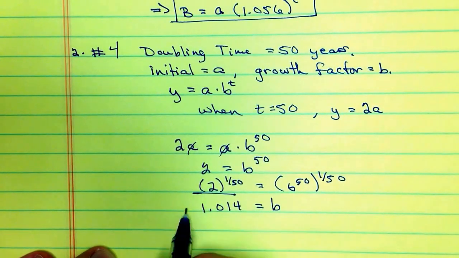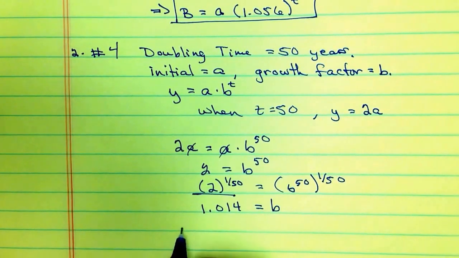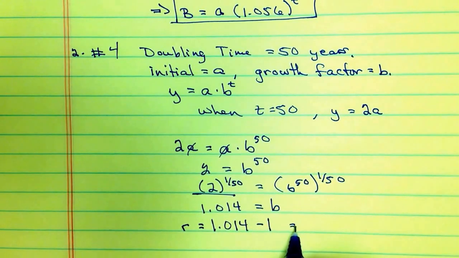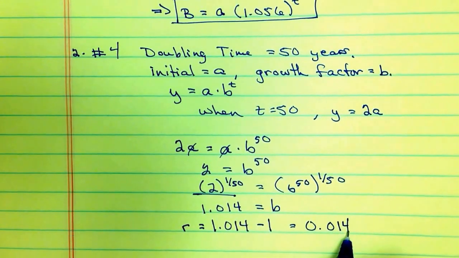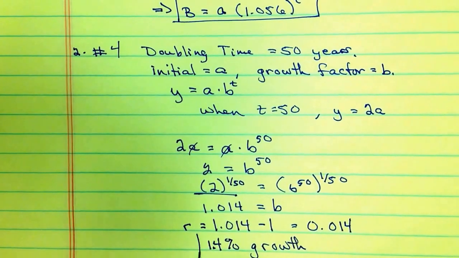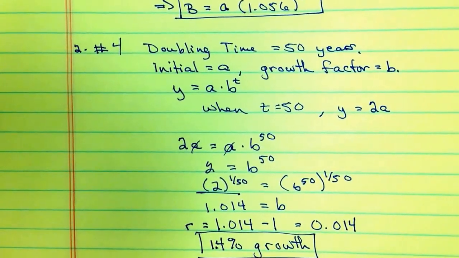But remember, this is the growth factor; we're asked for the growth rate. So the growth rate r is equal to b, which is 1.014, minus 1, which is 0.014. So therefore we have 1.4% growth. That is the growth rate.